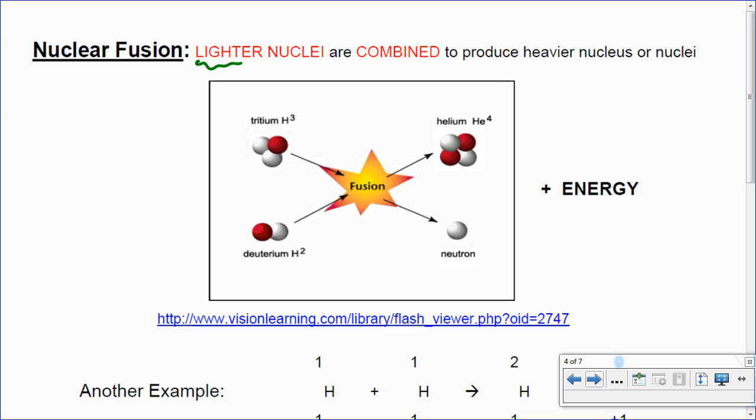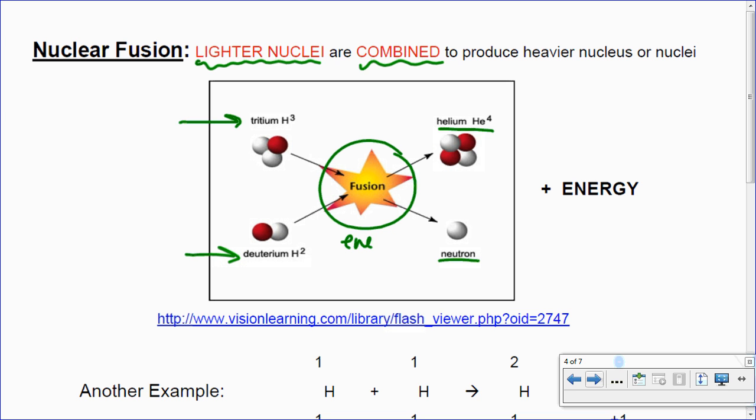So the light stuff in the universe combined under gravity or incredibly intense pressure to produce heavier nuclei. So in our fusion reactors here on Earth, we need tritium, which is an isotope of hydrogen, and deuterium, another isotope of hydrogen, to make helium, a neutron, and a huge amount of energy.